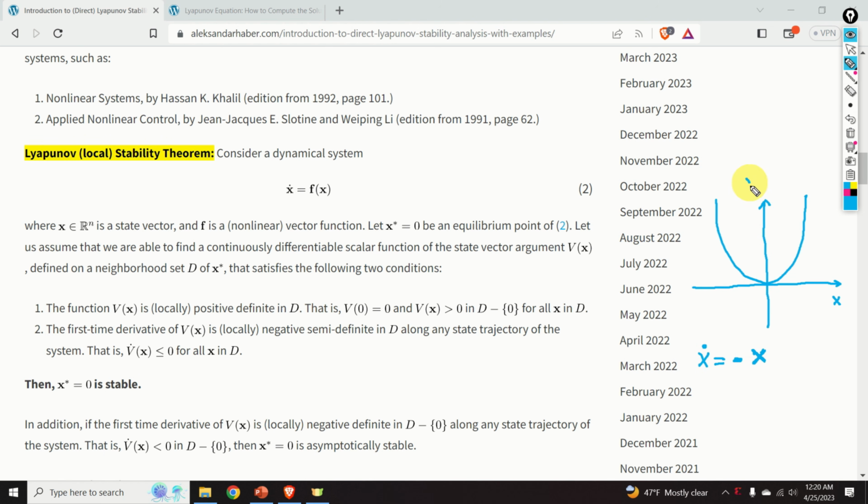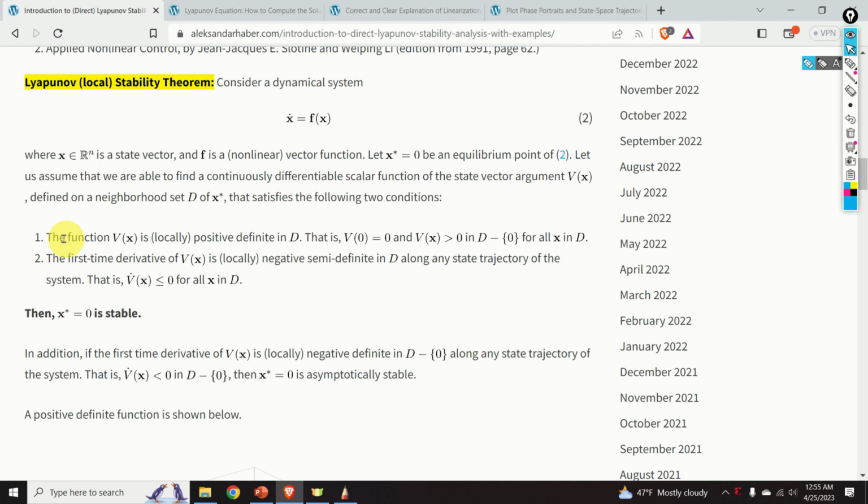The question is, is this system stable or not? Here, I need to add that a function that satisfies these two conditions is called a Lyapunov function.